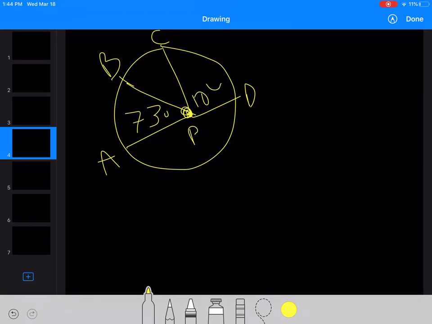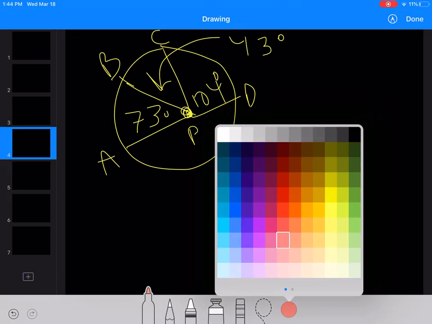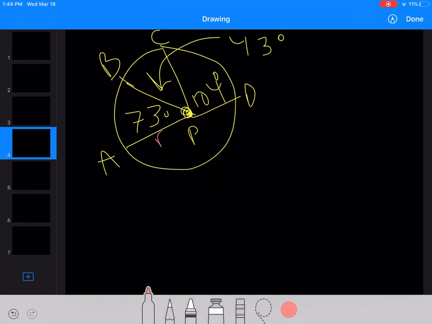That's 104 degrees. This one in here is 43 degrees. And the radius is 4. So this is the radius, and r equals 4.